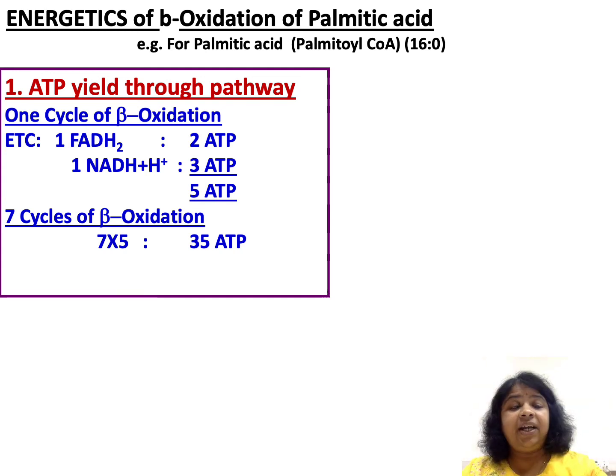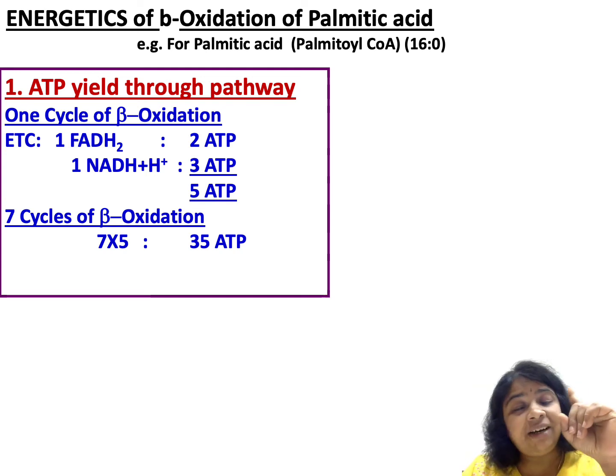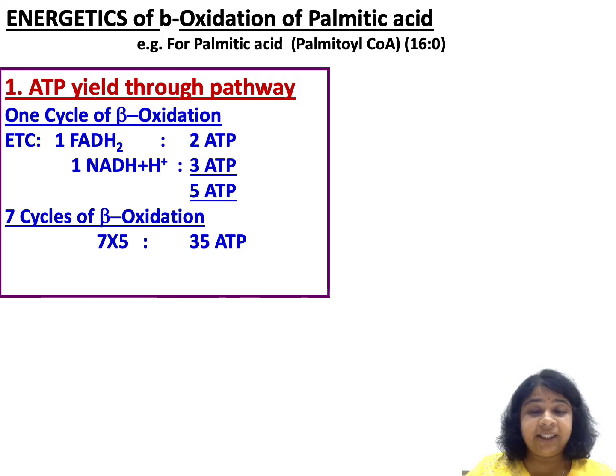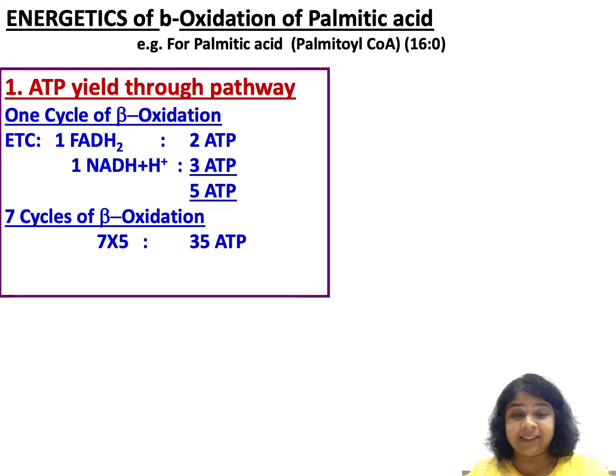So one FADH2 will give 2 ATP and one NADH will give 3 ATP. So you are getting 5 ATPs from one beta oxidation. Now if we are looking at palmitic acid, there are going to be 7 such cycles. So 7 into 5 is 35 ATPs coming only from the beta oxidation per se.